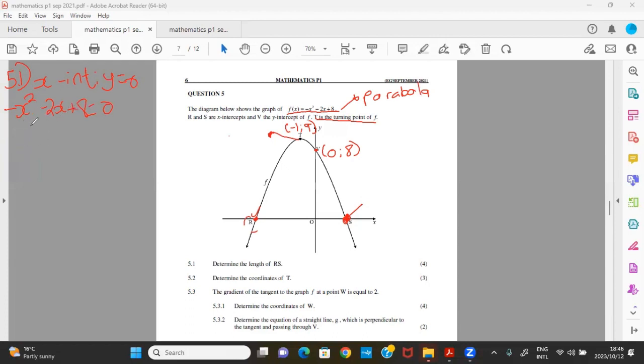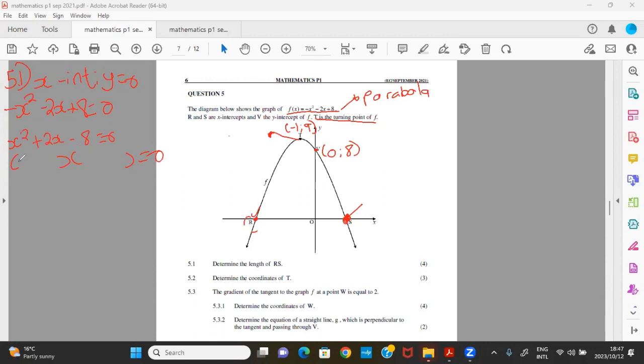We'll just multiply by -1, then you have x squared plus 2x minus 8 equals 0. Minus 8 because it's a negative.